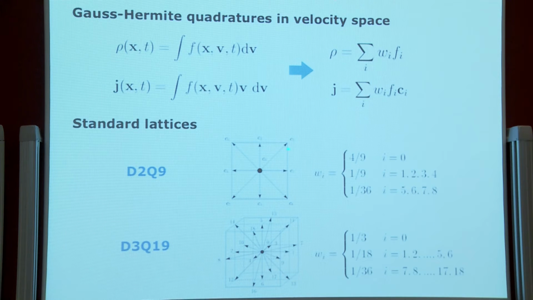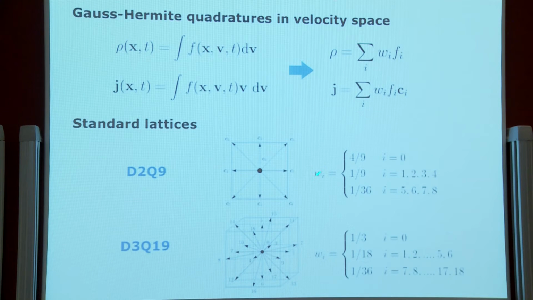And for example, the D2Q9 lattice corresponds to a two-dimensional lattice with 9 velocities, 4 corresponding to the nearest neighbors, 4 corresponding to next nearest neighbors along the diagonals, and the last velocity is simply the 0 velocity because you have some probability not to move between the two time steps.